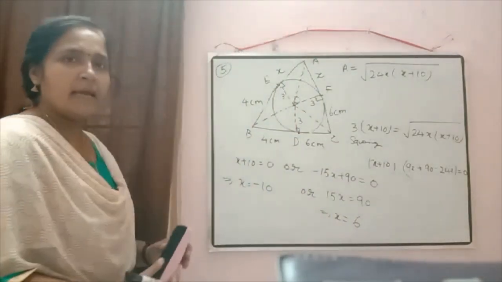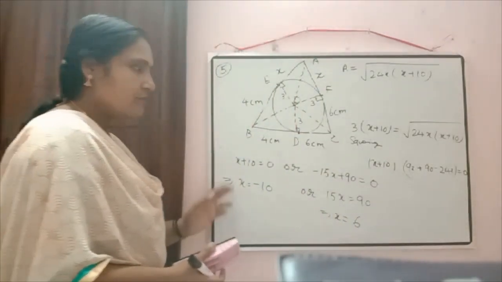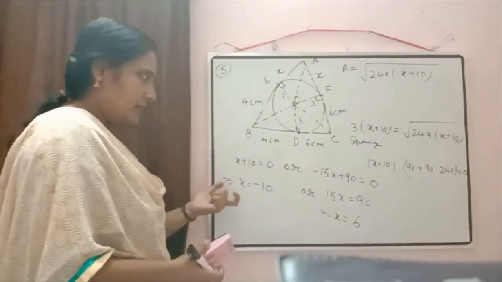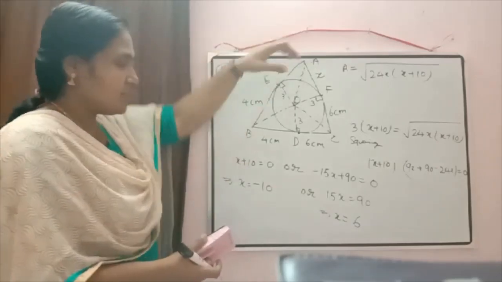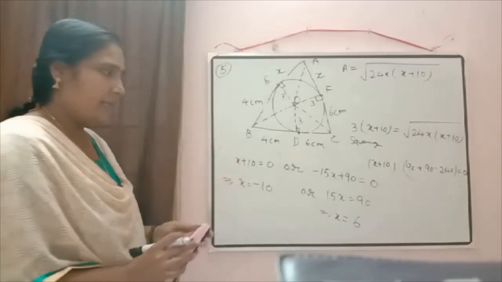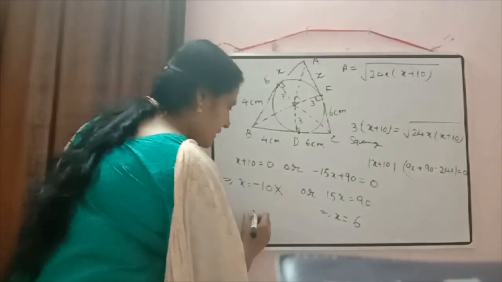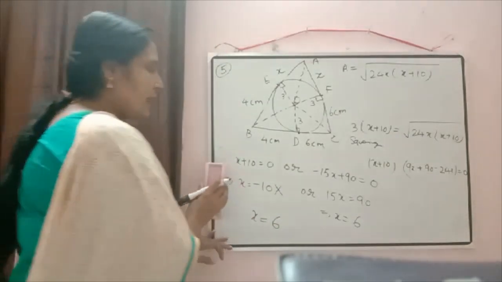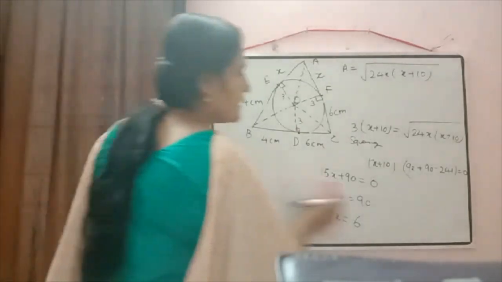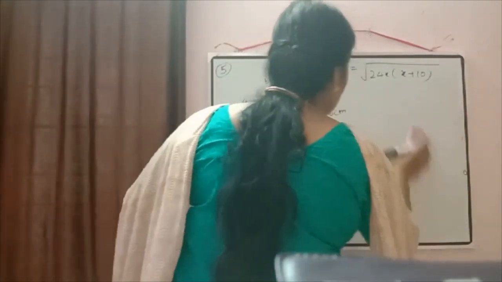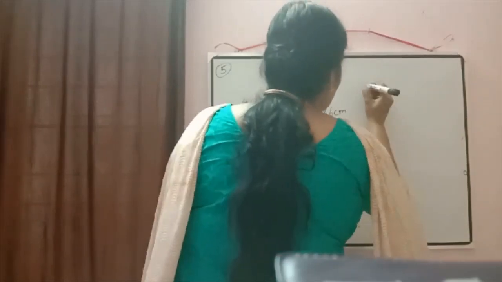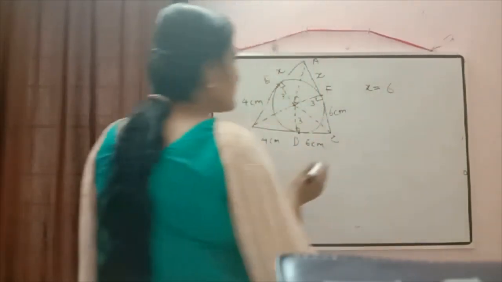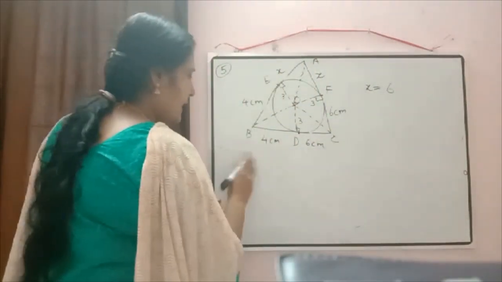So we are getting x is equal to 6. So which value will we take? Obviously these are the sides, and sides will never be negative, so we will not take this value. We will take x is equal to 6. So the value of x we got is equal to 6. Just write down x is equal to 6. But we don't need x. What we want is the side AB.